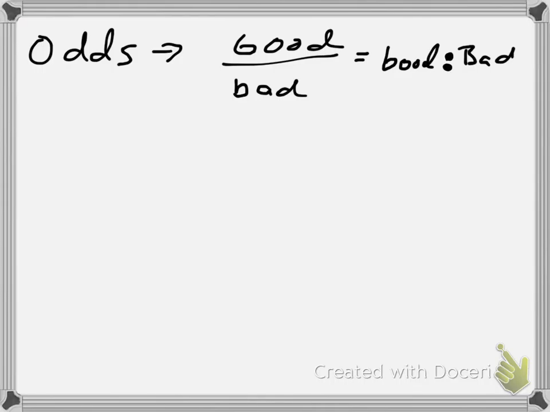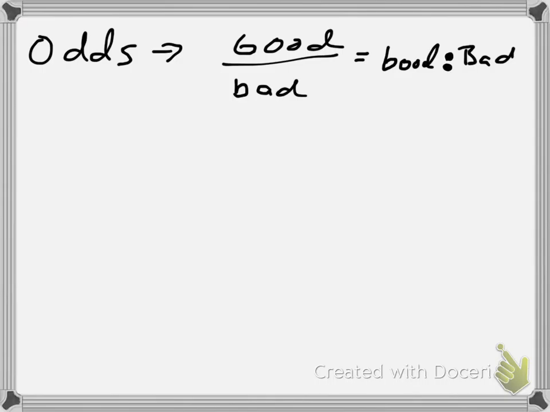Or 2 to 1 is a favorite. That means the horse is going to lose twice and win once. The Cubs, I think they're like a 7 to 2 or a 9 to 2. That's the odds of them to win the World Series.